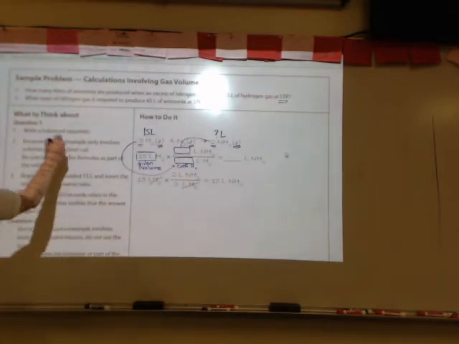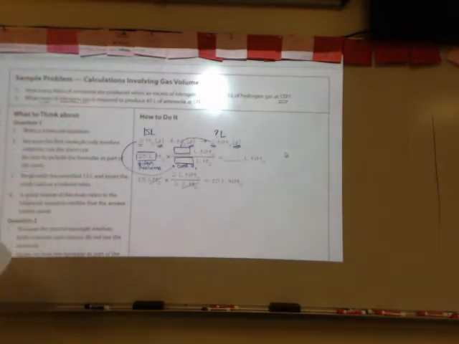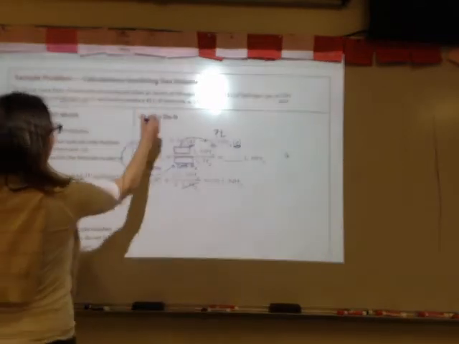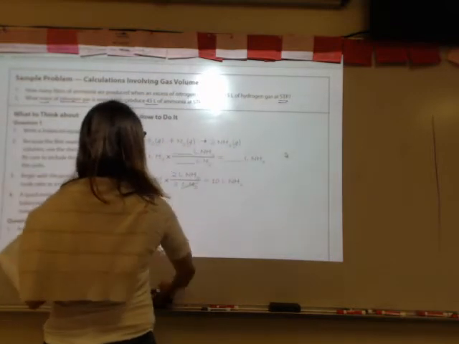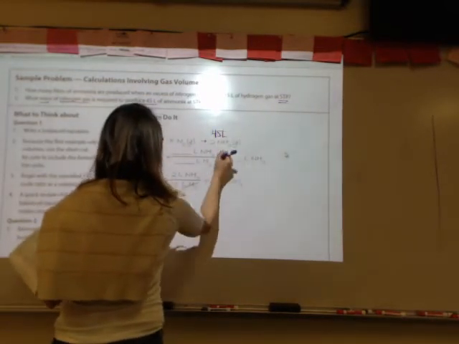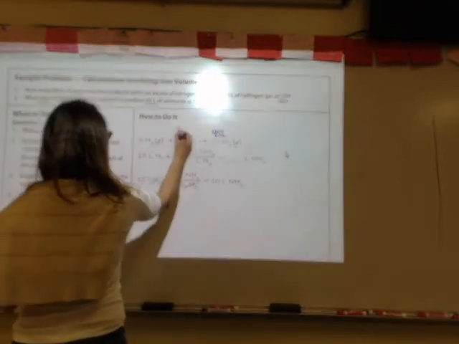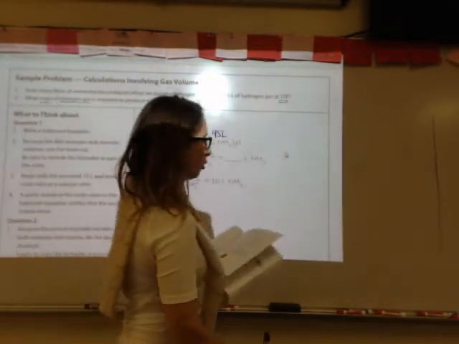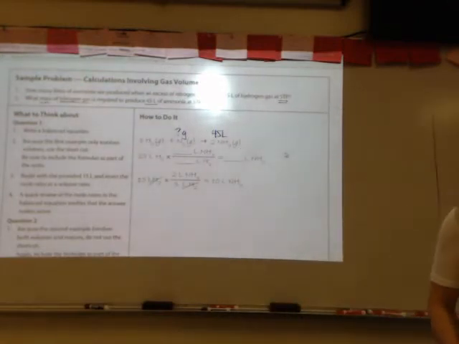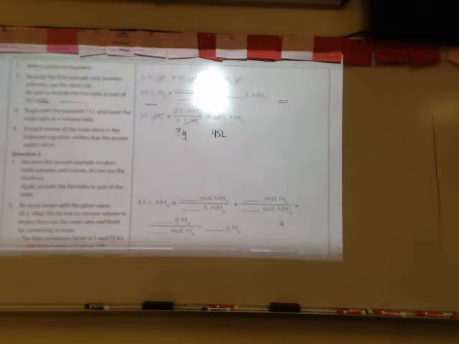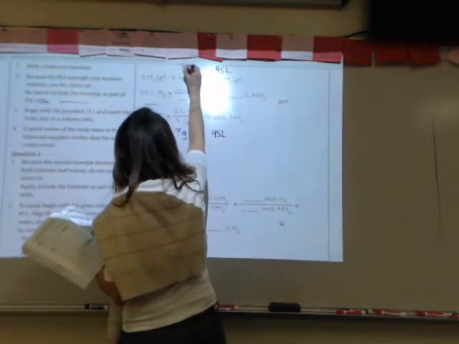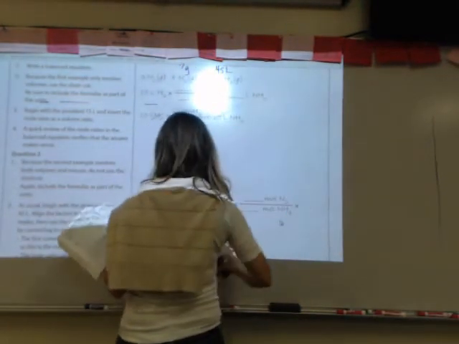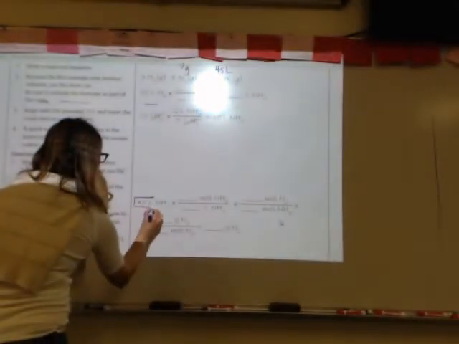Now, if they want to know the mass of nitrogen gas that's required to produce 45 liters of ammonia at STP, I'm going to erase this and I'm going to rewrite this with my 45 liters above NH3, and they want to know how many grams of N2. Well, that's a different variation of this problem. So what that means is we would come down here, let me rewrite this. And this is what you are given.